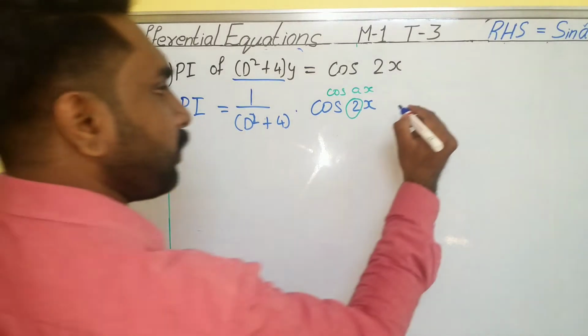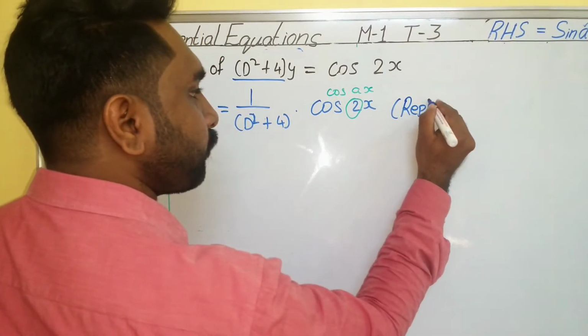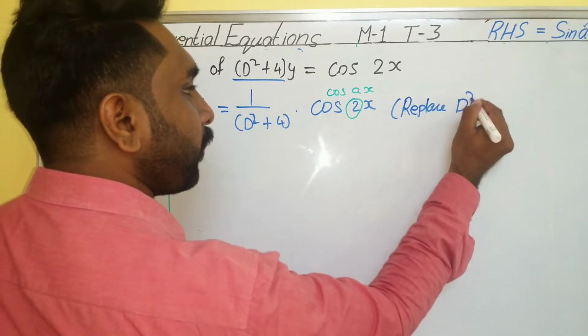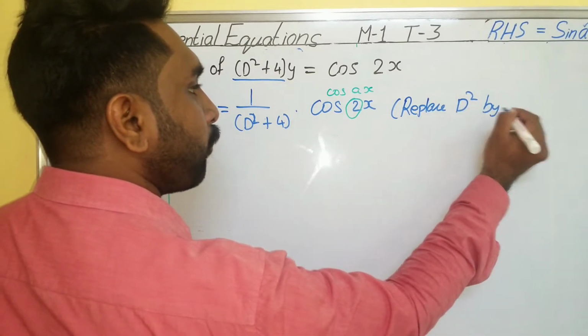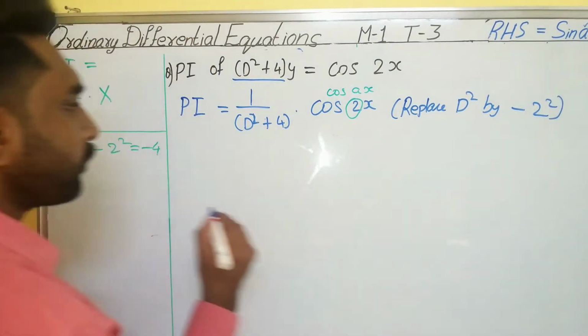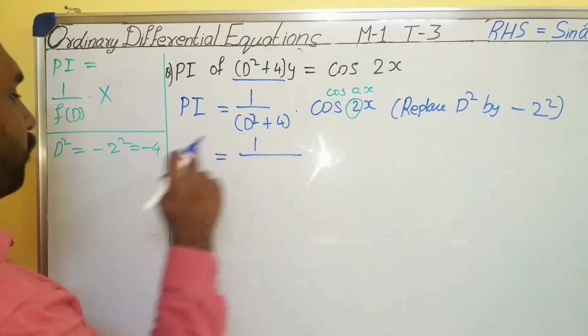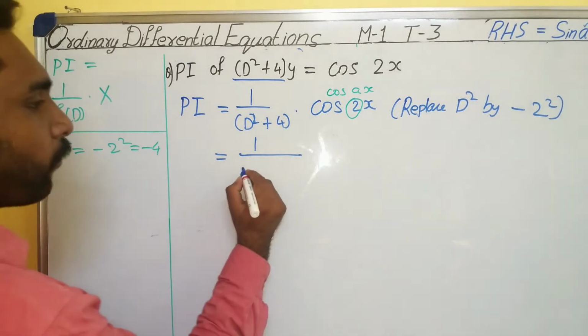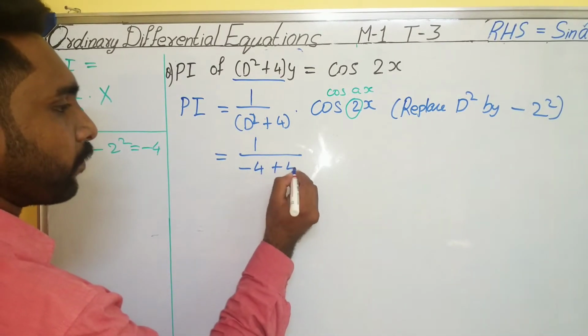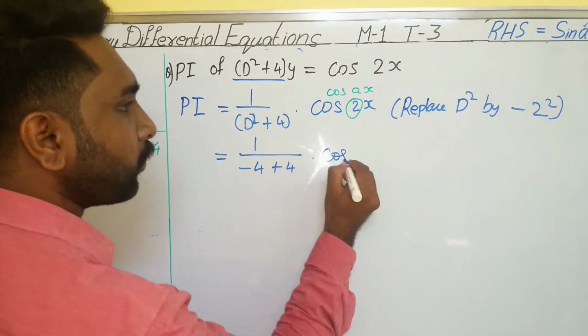So we replace D square by minus 2 square, and we get 1 by minus 4 plus 4 into cos 2x.